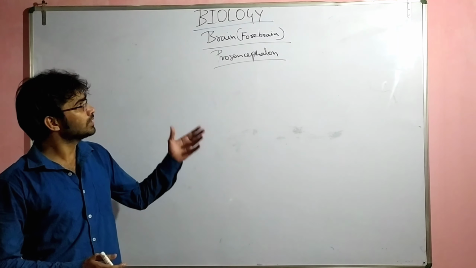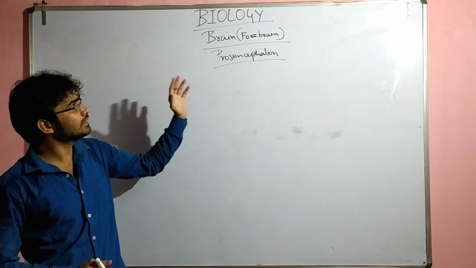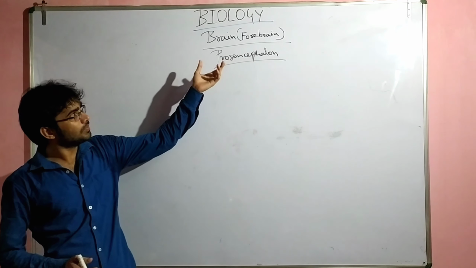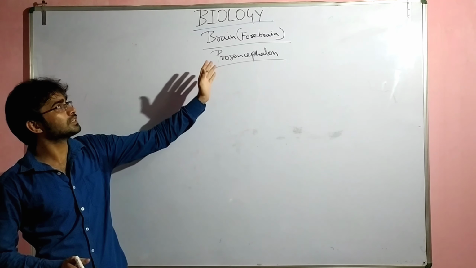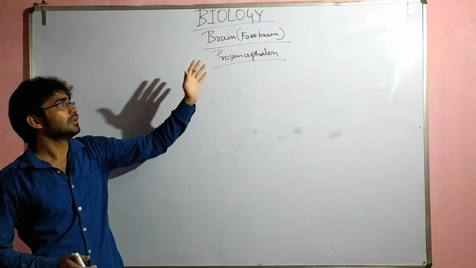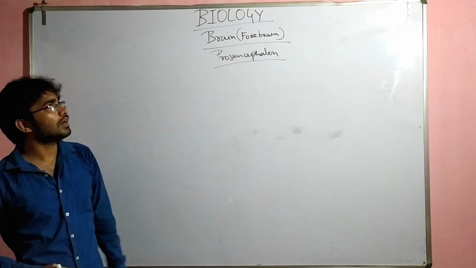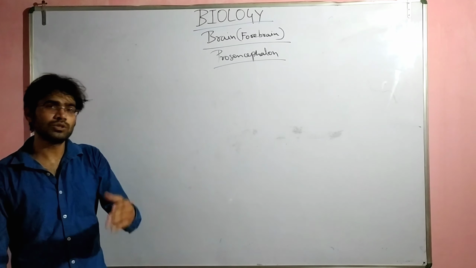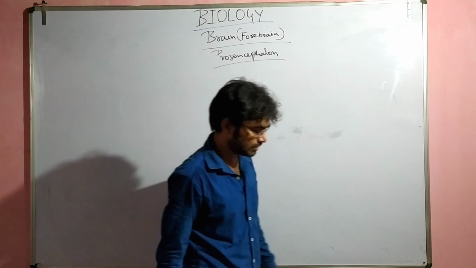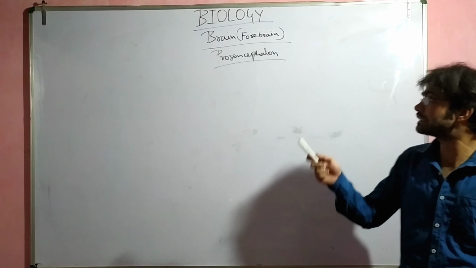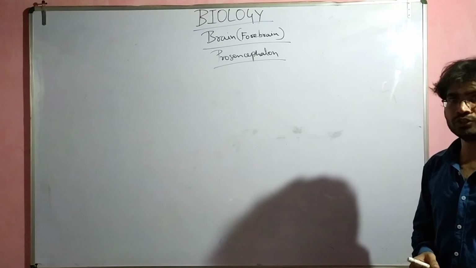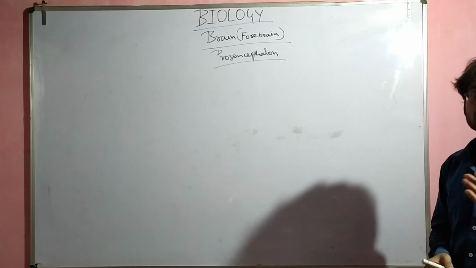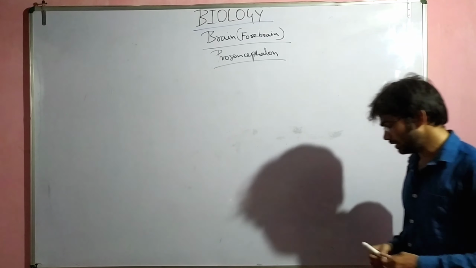I am here with the topic brain, and in that the frontal part of the brain. Here I will discuss the forebrain. And why I have focused here, because many students had asked me, sir, please explain the prosencephalon in detail and its area. The association area means what are the areas associated with particular lobes.